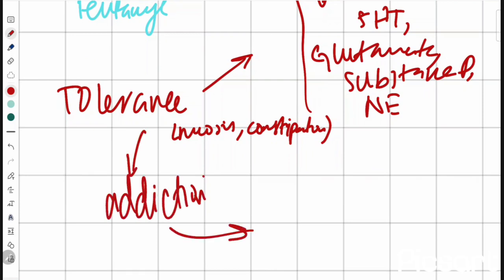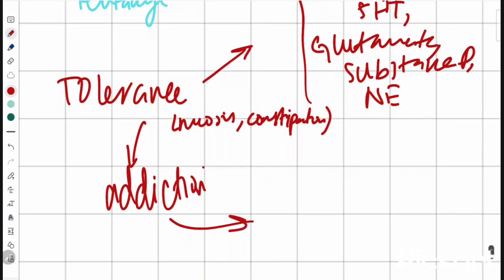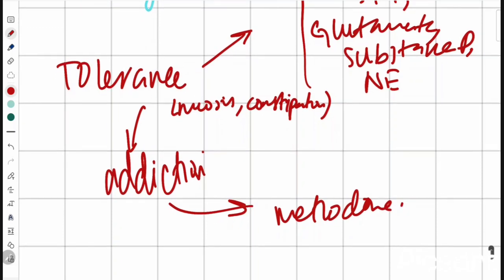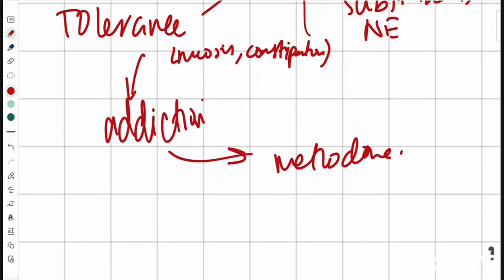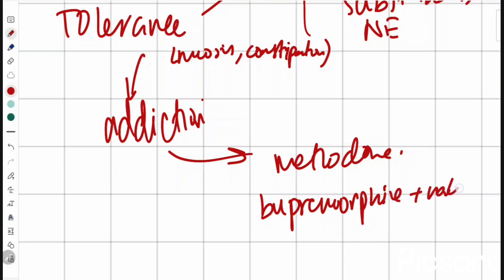And to treat this addiction, the opioid use disorder, we give methadone, but we can also give buprenorphine plus naloxone. So I'll write that as buprenorphine and naloxone, right?